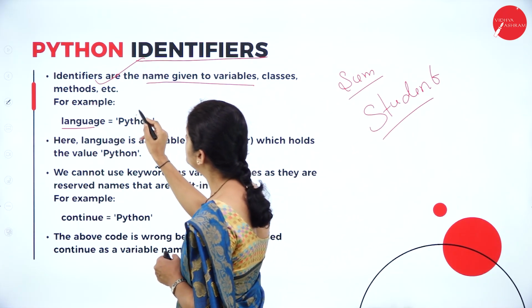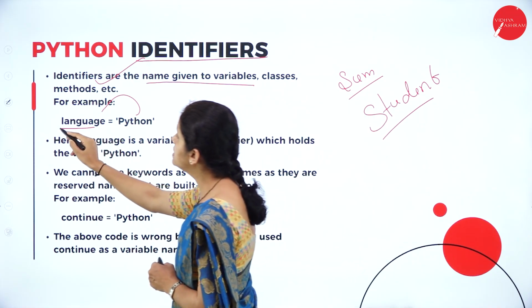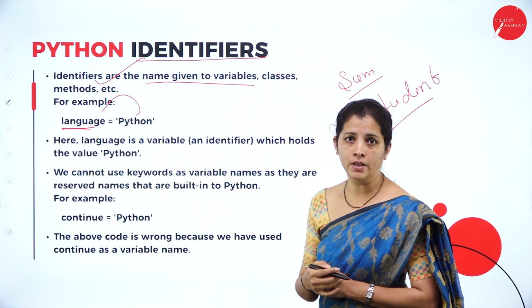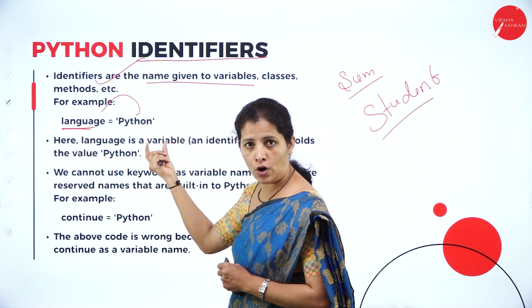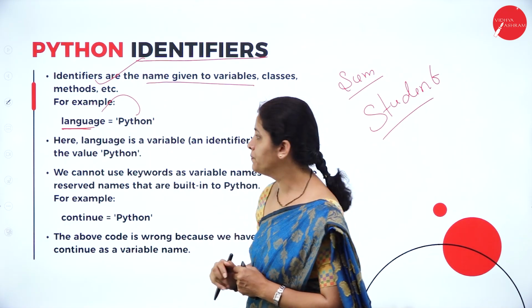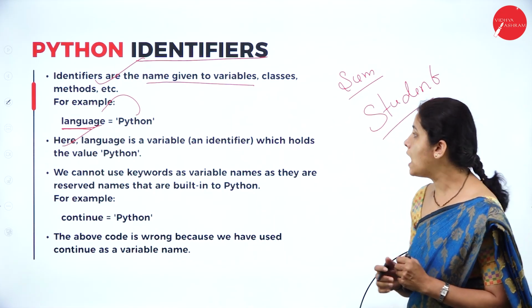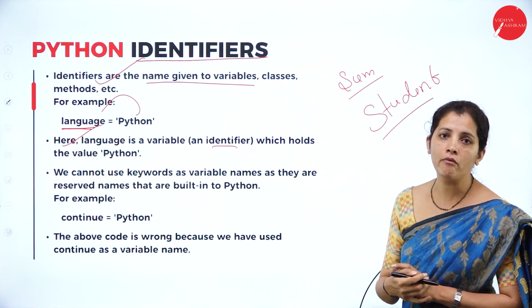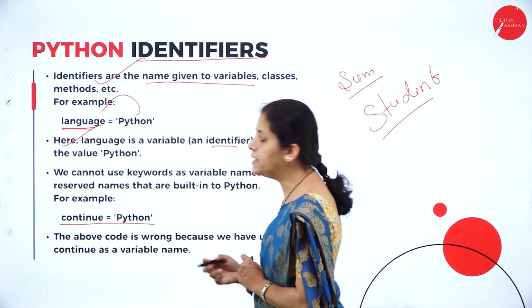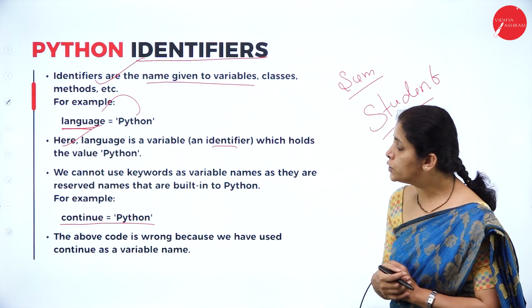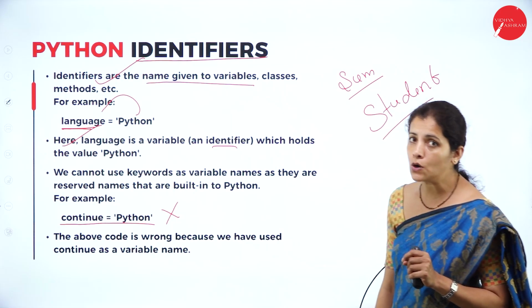So here I'm going to assign Python to language. So what is this here? This is a variable. This language holds the value Python and it's of type string. So here language is a variable. It's nothing but an identifier which holds the value Python. Okay, fine. And if I consider my second example here, continue equal to Python, this statement is wrong. Why is this statement wrong?